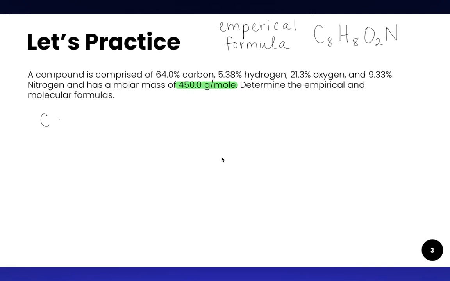Carbon has an atomic mass of 12.0. Hydrogen, oxygen, and nitrogen.